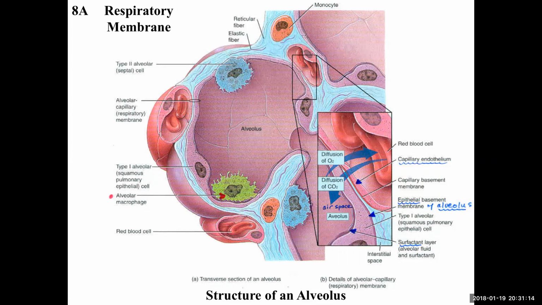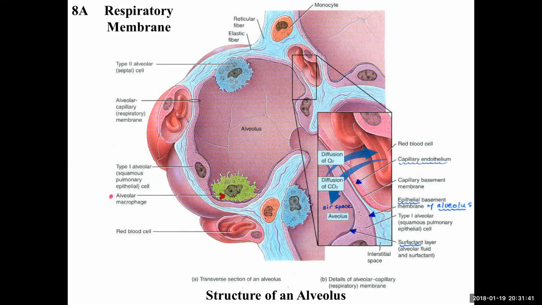And the basement membrane of these endothelial cells and the basement membrane of the alveolar epithelium, which is on the other side, we can see over here, the epithelial membranes of the alveolus is on this side, but the basement membranes of these adjacent structures are going to fuse.